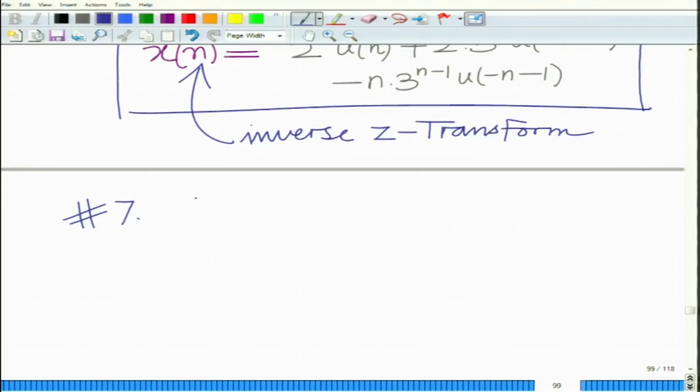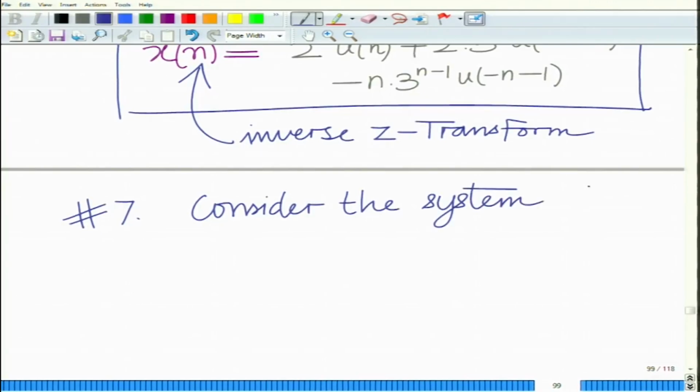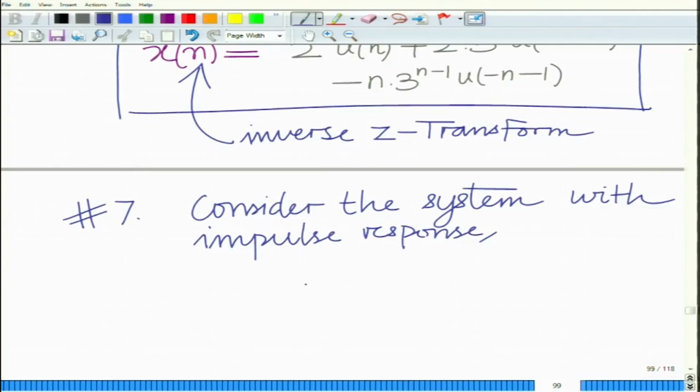Now, consider the system with impulse response h n equals a to the n u n, where a is positive and less than 1.